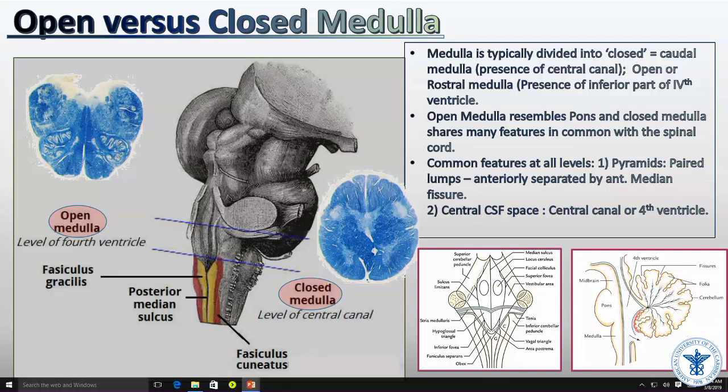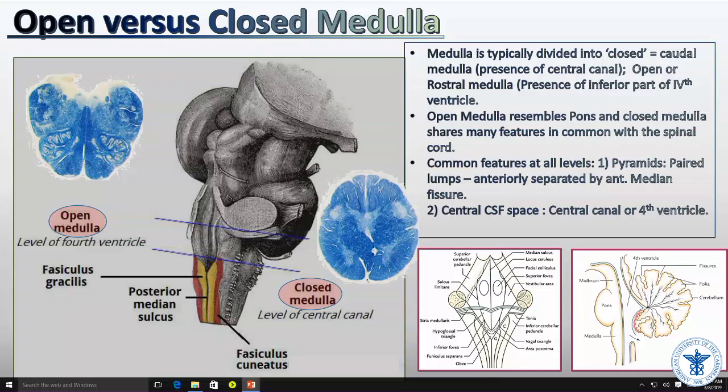And if you look at the lower medulla, that's here. It's the only part of the brainstem which does not have a prominent CSF circulation pathway. The lower medulla does have the central canal, which is often too small to be seen in sections, just like the spinal cord. And even in radiological sections, sometimes you can't see the central canal because it's really small.